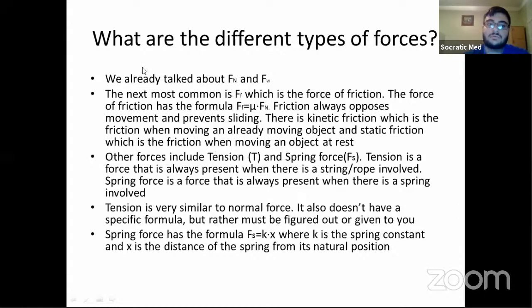For example, if they give you a very simple situation where they have a box hanging on a string, you know that the force of gravity on the box is always going directly down, and the tension is going directly up. They're in direct opposition.